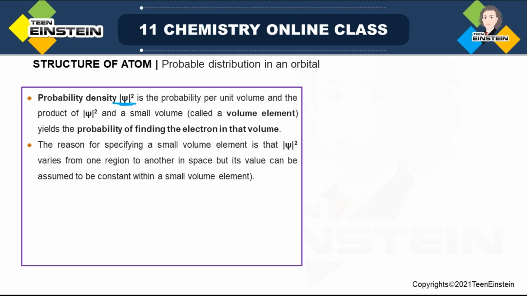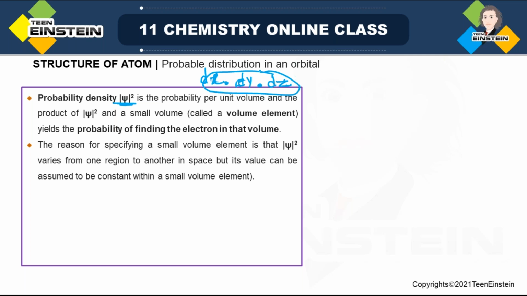But when you take its square, it gives you the probability of finding the electron in a particular region. That region, you have to consider in three coordinates, x, y, z. If you take a small part of x, dx, then a small part of y, dy, and dz, when you multiply all three you get a very small volume.